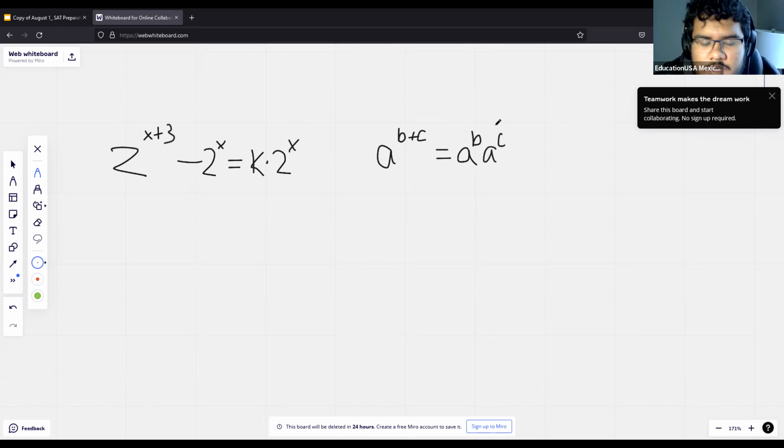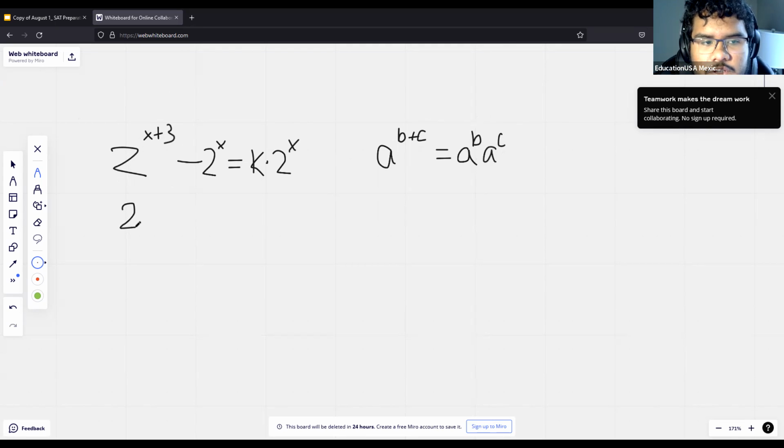These are functionally equivalent. You can either use this to expand it into these two terms, or you can combine two terms like this. In our case, it'll be useful to expand it into those two terms with this 2 to the x plus 3.